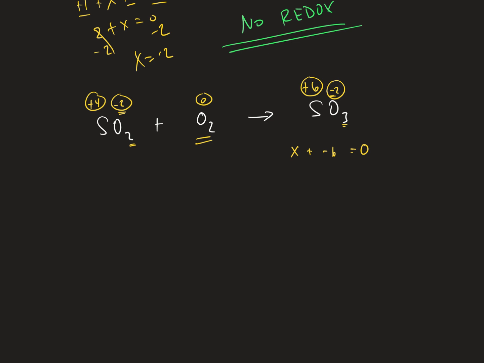Do you get that? So we use that one all the time. Make sure you know that rule. So we add 6 to both sides, and that gives us oxidation number for sulfur is +6. Make sense? Question? Good? Good, I like that sound.